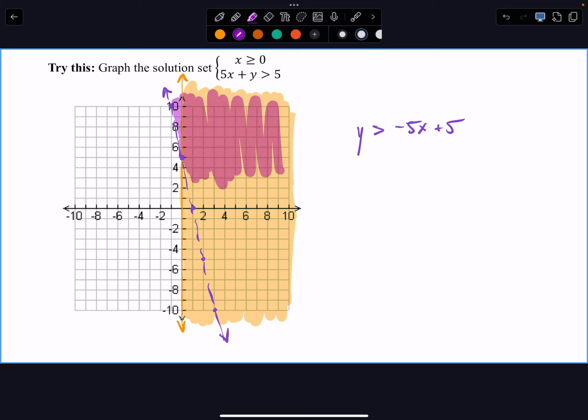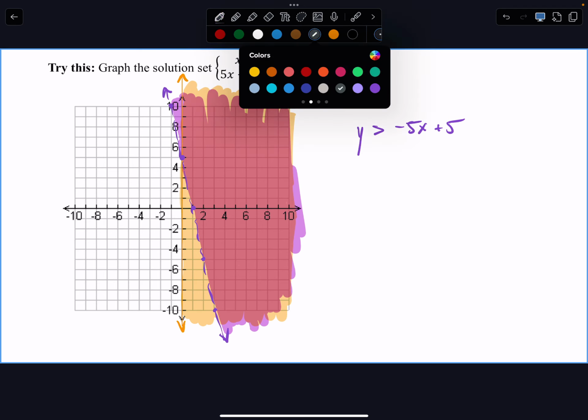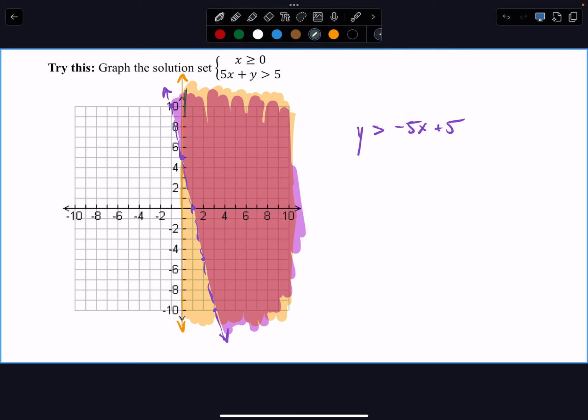Okay, so the solution set would be everything over here.